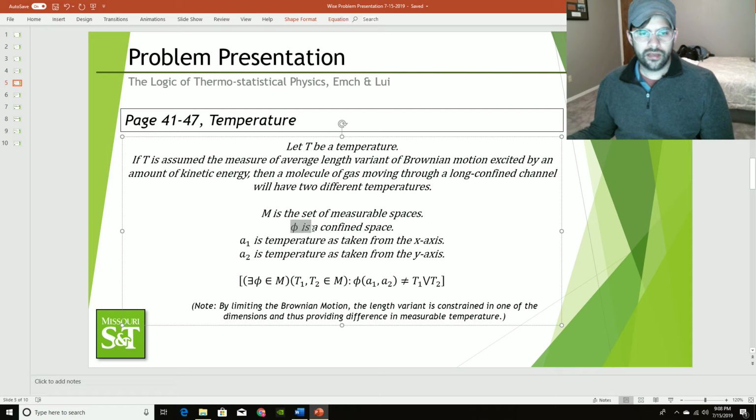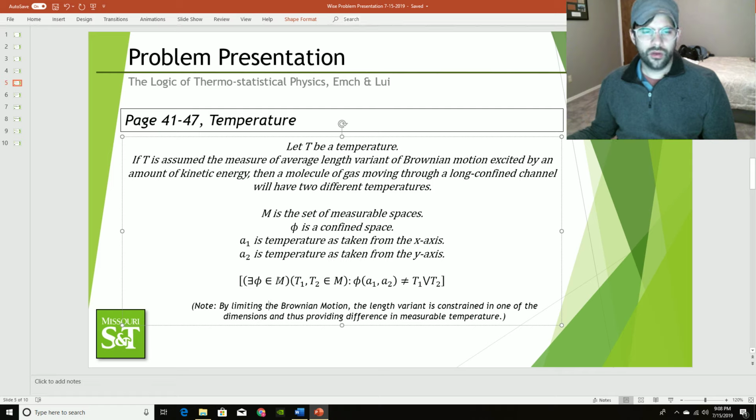Let phi be this confined space, so that's kind of like your formula or function that you're working with. And then A1 is the temperature as taken from the x-axis, so it's only one-dimensional. And A2 is the temperature taken from the y-axis, which is 90 degrees to that, so it's in the second dimension.